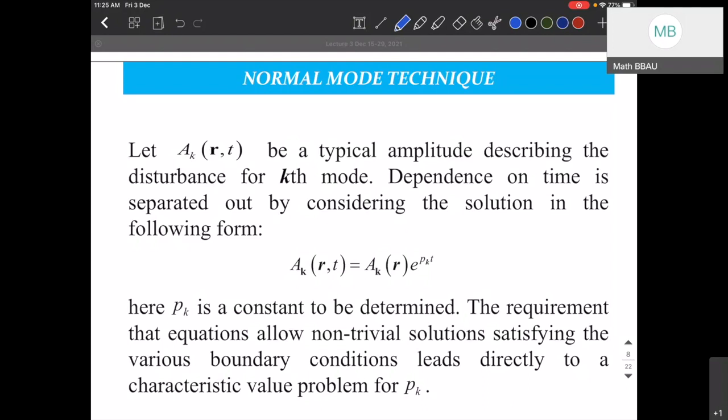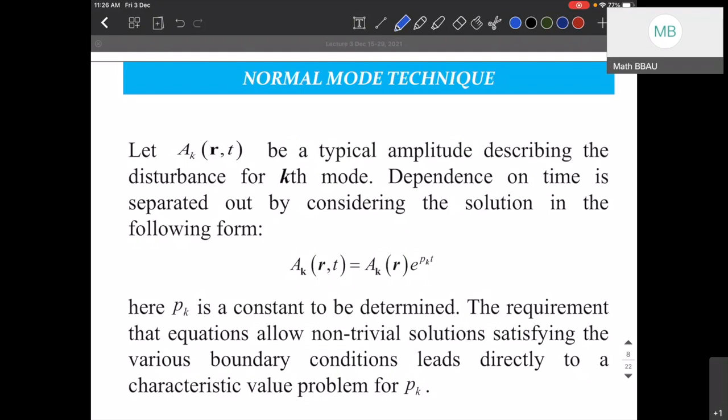After that, we use the normal mode technique. If we are doing the non-linear analysis, then we calculate the different terms of different orders. Means first order, that is linear terms, then second order perturbation terms, then third order perturbation terms, and so on.